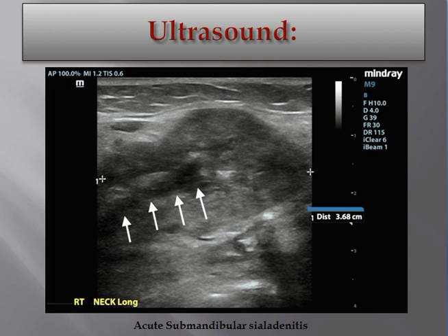Ultrasound. Ultrasound is a cheap, non-invasive imaging modality that is used as a first diagnostic imaging tool in the assessment of sialadenitis. It is a tolerable imaging tool, especially for young patients, but this technique is clearly operator dependent.